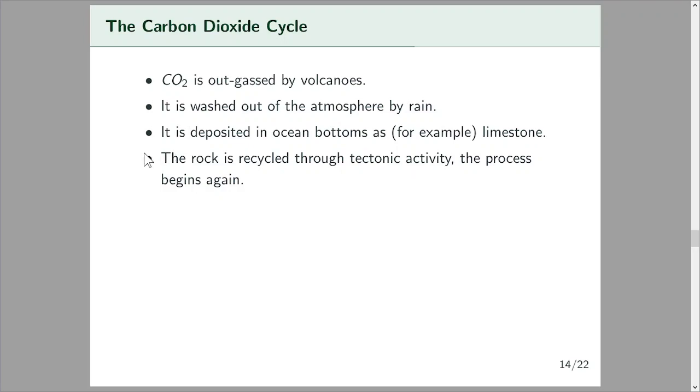It turns out this just sort of becomes rock, this limestone, and it's recycled as a rock through tectonic processes. This rock then ends up in volcanoes, pulls CO2 back out of it, sends it up to the volcano, and the cycle continues, right? And so that's the carbon dioxide cycle.